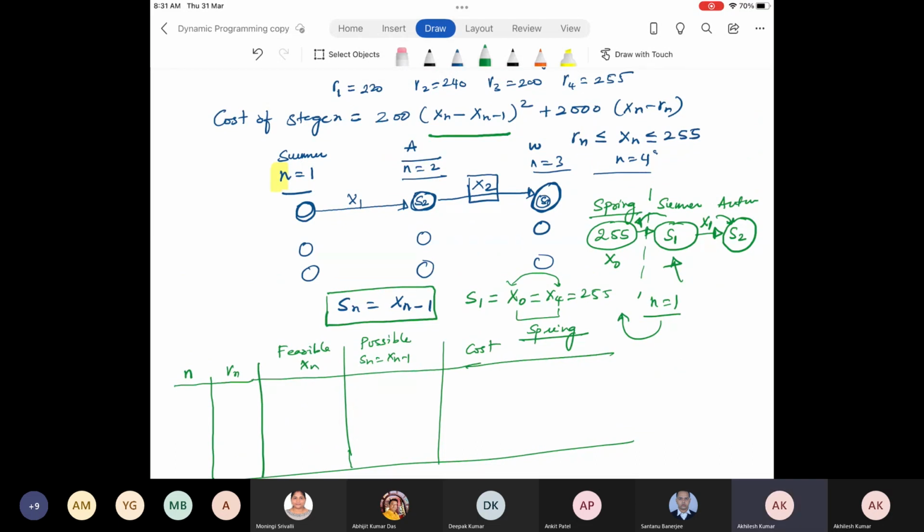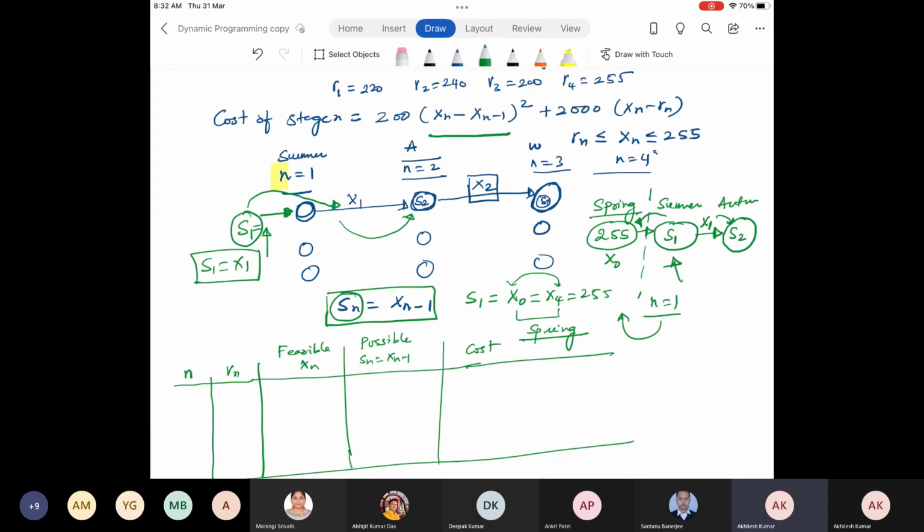Let's say start of the summer, I have a state, right? S1, let's say. This is nothing but the employment level you have right now. And after that, you make a decision to increase or decrease, which takes you to the next level. So you are saying S1 equals X1? Is this the case? Yes, sir.